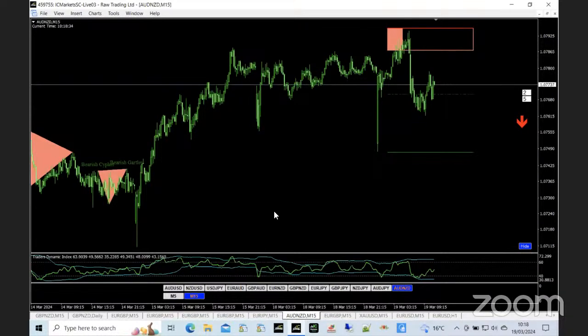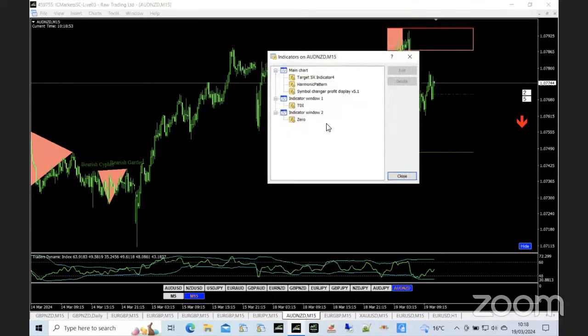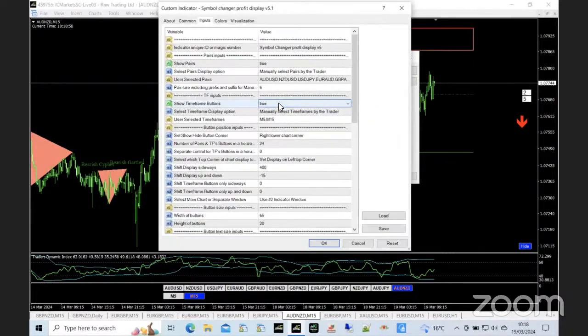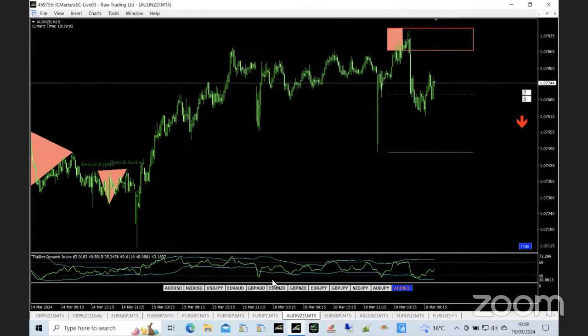Okay, so this is it. It's quite straightforward. I only use this on M15, so I don't want to bother with time frames. So I make it false. So yeah, it's like this.